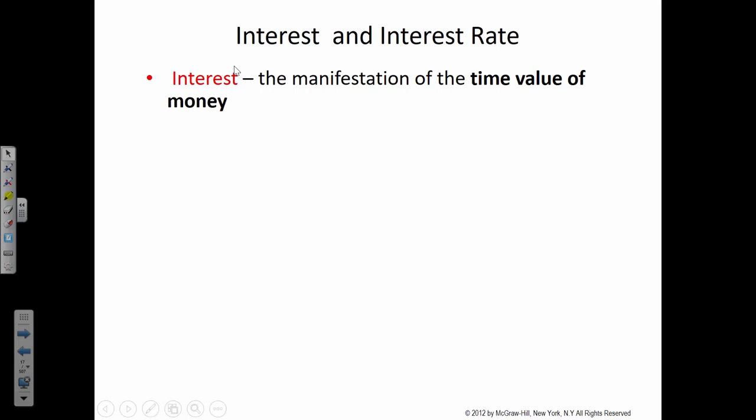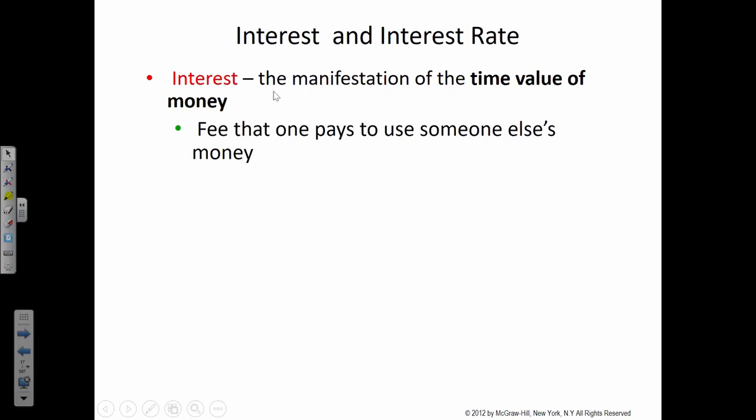If you went to a bank and you said, I'd like to borrow $1,000, and in 5 years I'm going to repay you $1,000, that would be bad from their perspective because they know that same number of dollars isn't going to buy as much in the future. So you have to incentivize them to loan you the money. And the way that you incentivize is that you pay back more than you originally borrowed to account for the time value of money. So you can think of it as the fee that you're paying to use someone else's money.